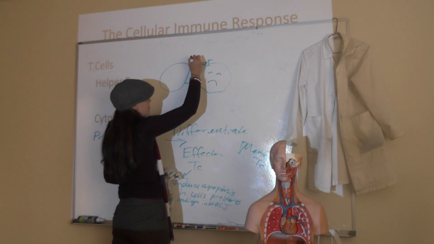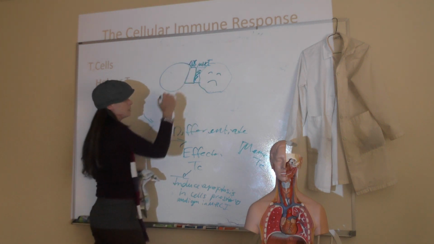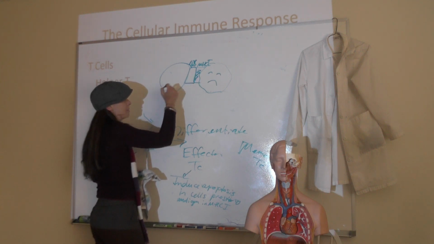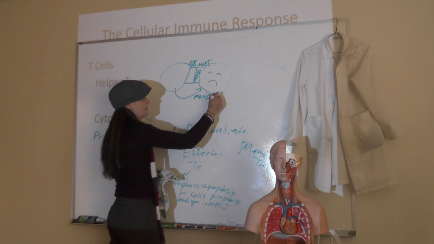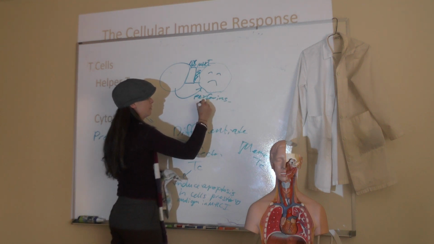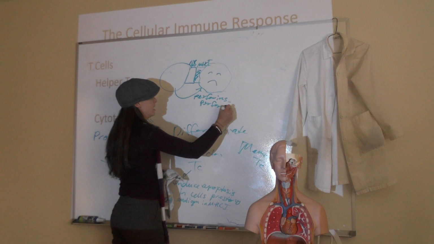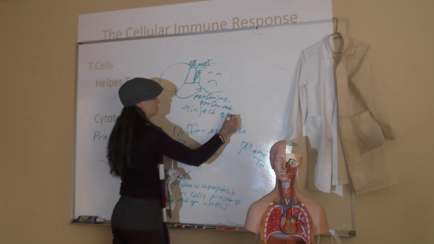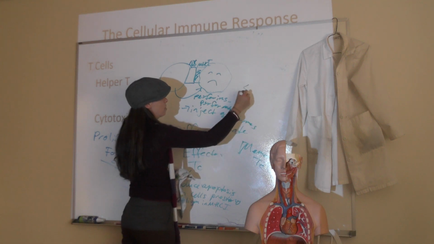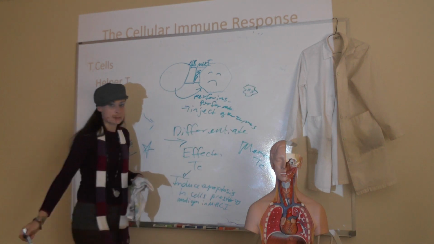So their CD8 protein is going to recognize blue cold virus and immediately induce apoptosis by releasing perforins, which are going to perforate the membrane, and injecting granzymes so that my cell shrivels up and dies.